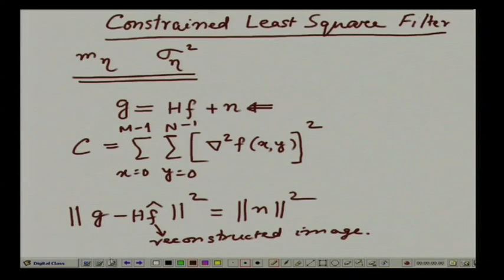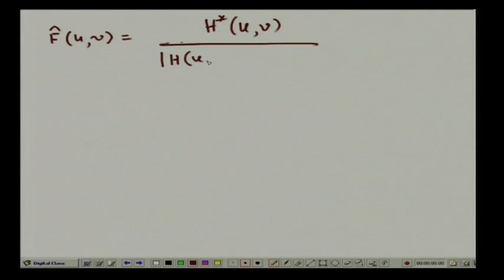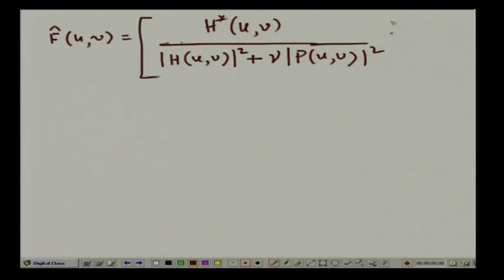Again, without going into the details of the mathematical derivation, we will simply give the frequency domain solution of this constrained least square estimation, which is given by f hat u v equal to H star u v upon H u v squared plus a constant gamma times P u v squared, this times G u v.